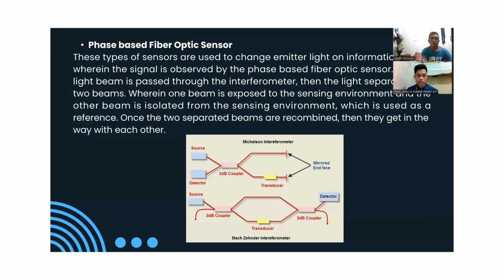Once the two separated beams are recombined, they interfere with each other. The most commonly used interferometers are Michelson, Mach-Zehnder, Sagnac, grating, and polarimetric interferometer, and Fabry-Perot.